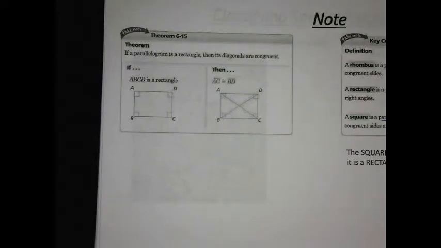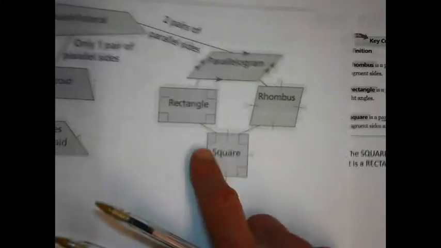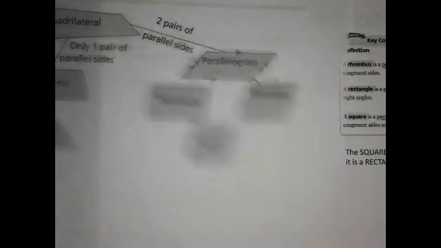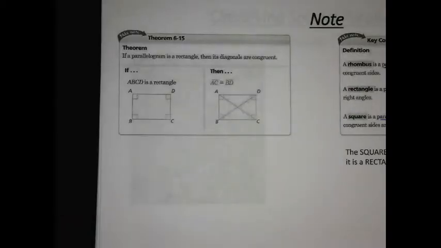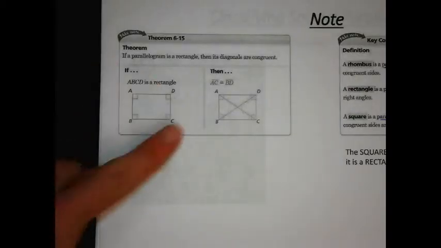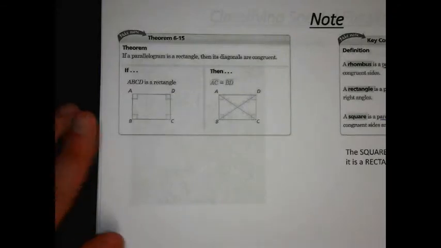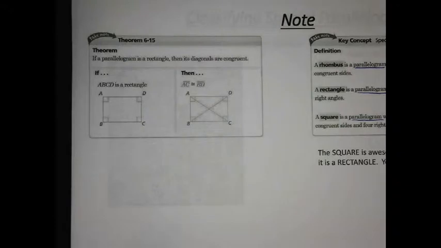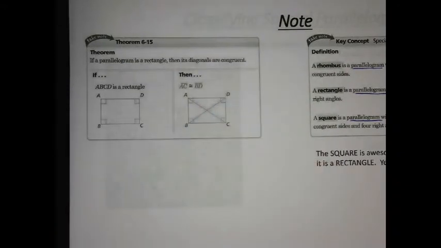We know that because these are all types of parallelograms. Remember, in parallelograms, diagonals bisect each other. But if we're dealing with a rectangle, which means four right angles, then not only do the diagonals bisect each other, the diagonals are congruent. So that's a neat note about rectangles.